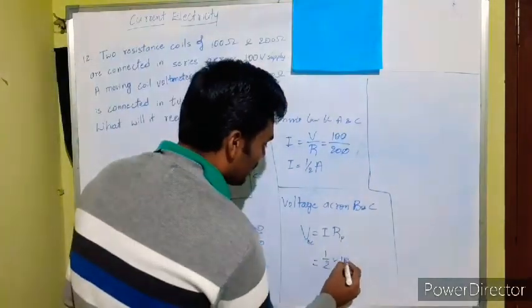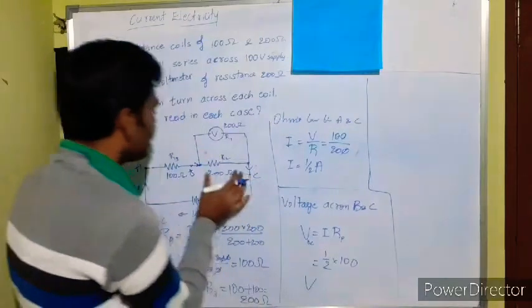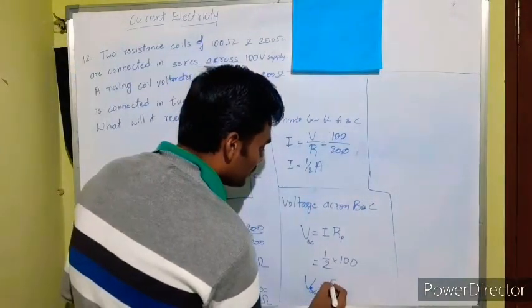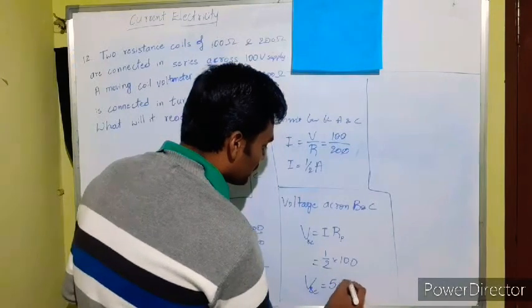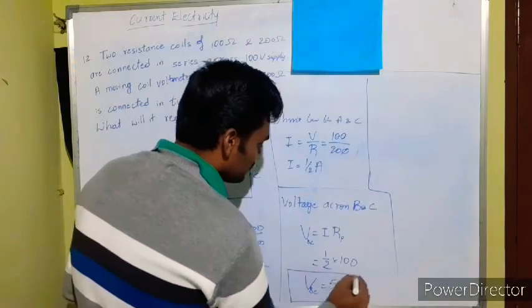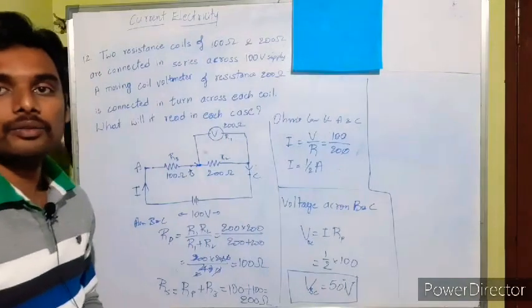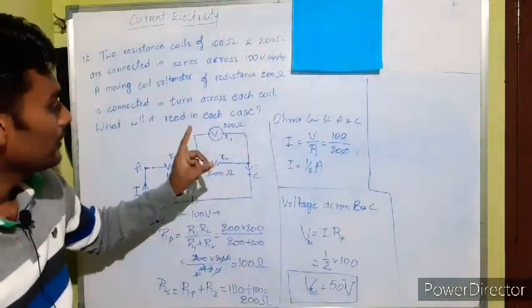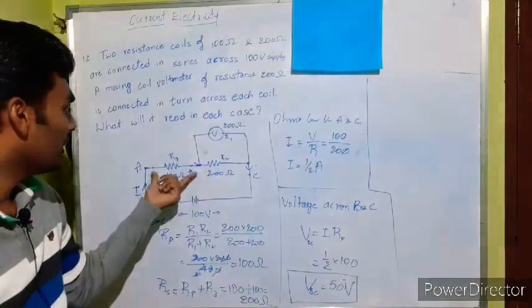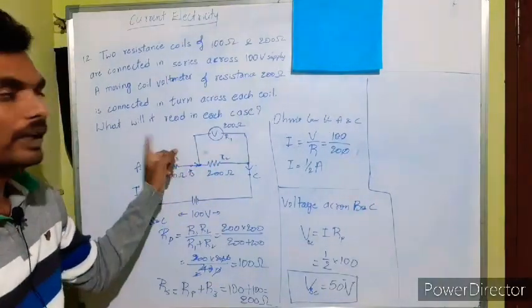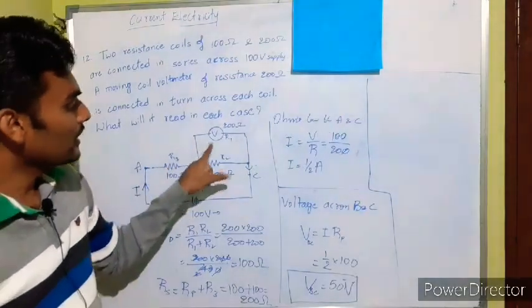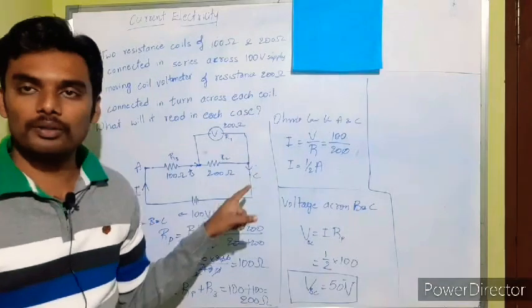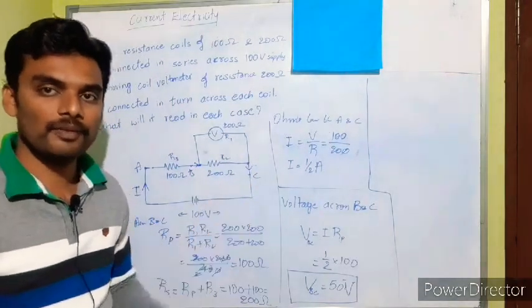So the voltage across B and C is 50 volts. So when the voltmeter is connected across the 100 ohm resistor, it reads 25 volts. When the same voltmeter is connected across the 200 ohm resistor, it reads 50 volt. Clear with this?